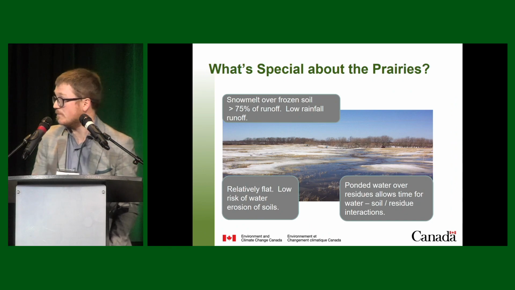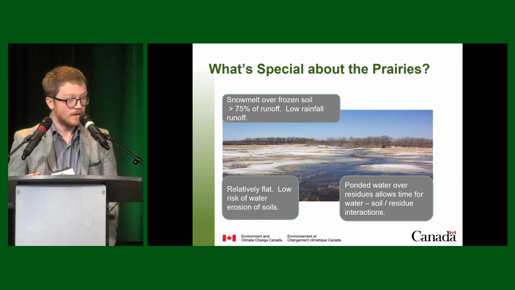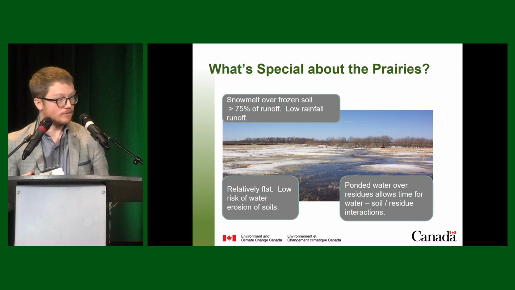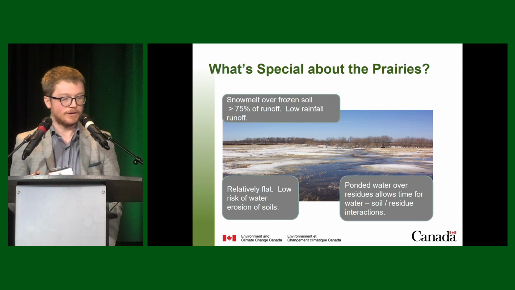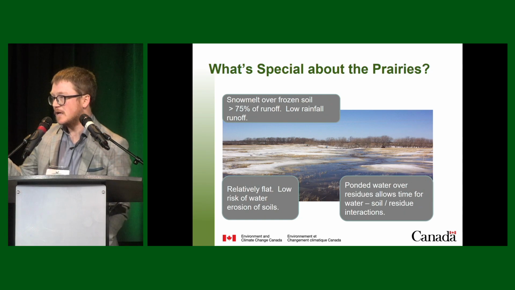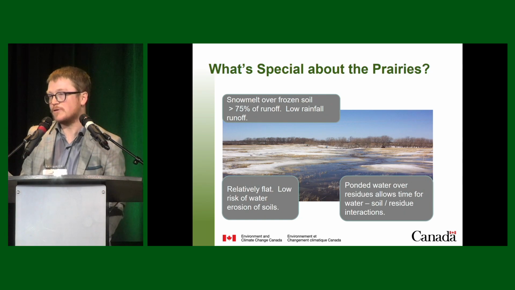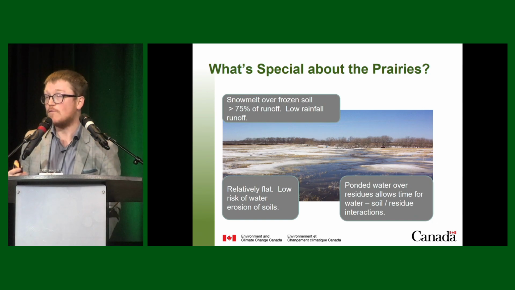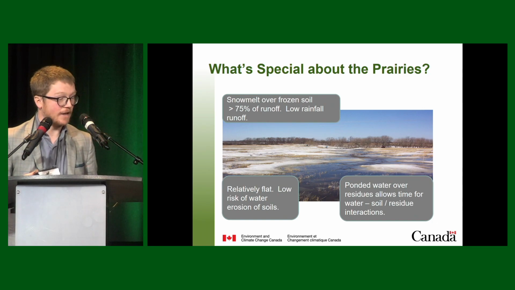So what is it that makes the Canadian prairies unique? Well, we know that the spring snowmelt is the dominant hydrologic event here on the Canadian prairies. And the reason for that is while we receive approximately 30% of our precipitation in the form of snow, it results in over 75% of the annual runoff.